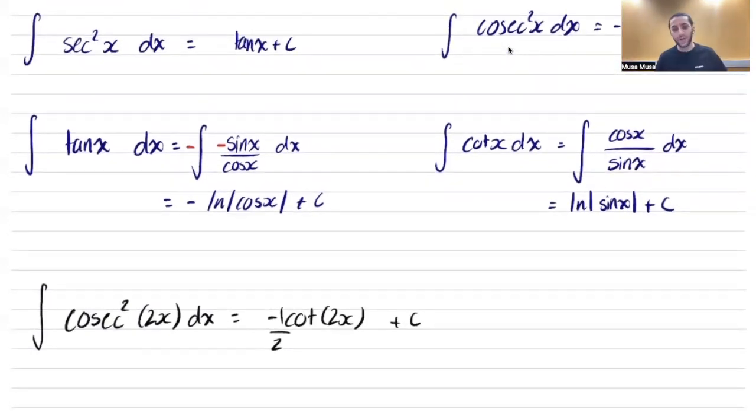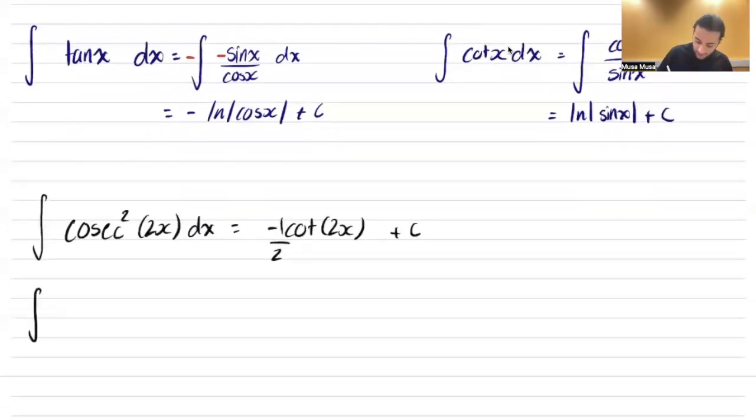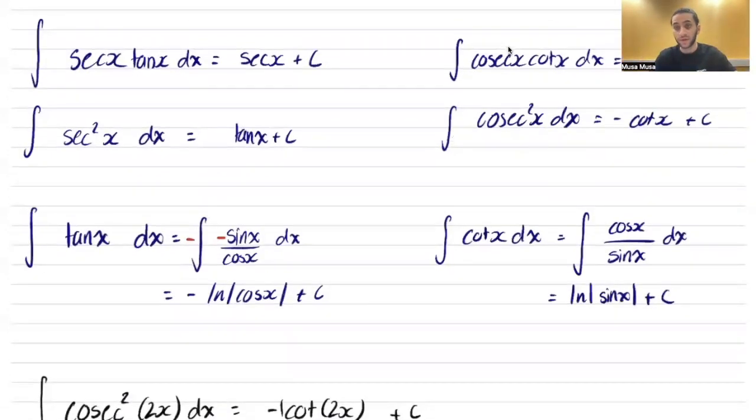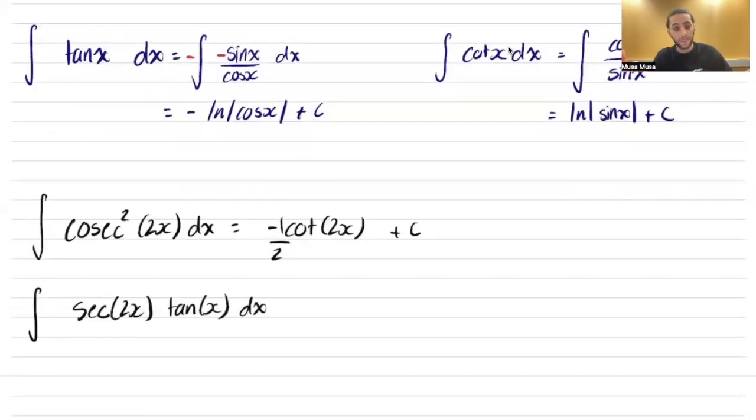So just keep that in mind. Another point to make as well, let's say you had sec 2x tan x. You can't use any of these 6 to integrate this, at least not directly. The reason is because, of course, you have different arguments. They need to be of the same argument. If this was a 2, then that's fine.